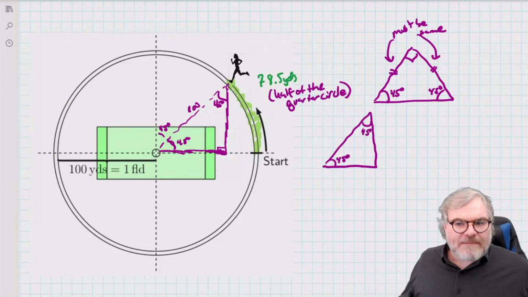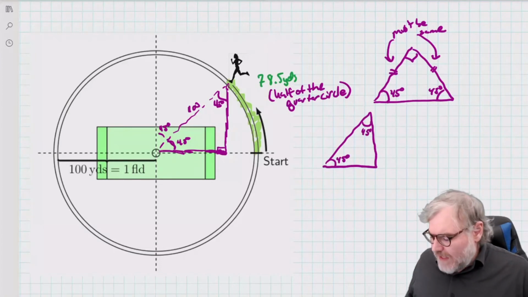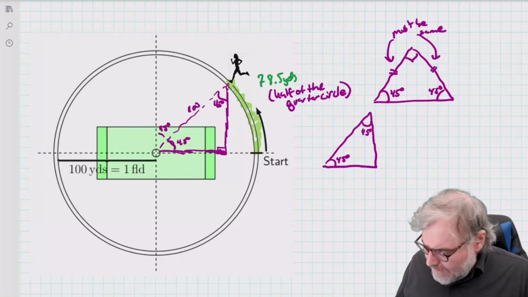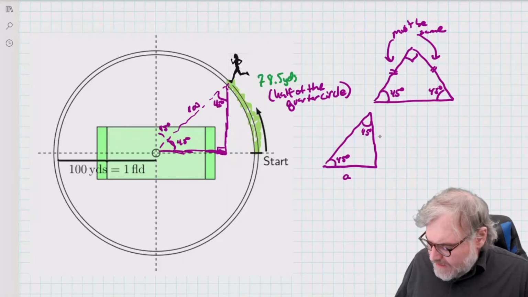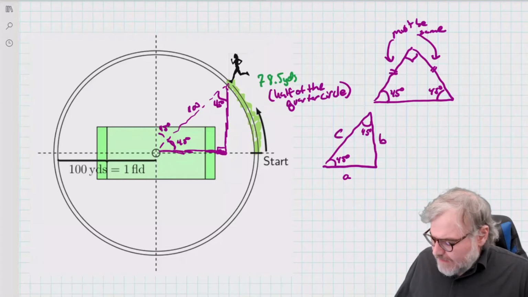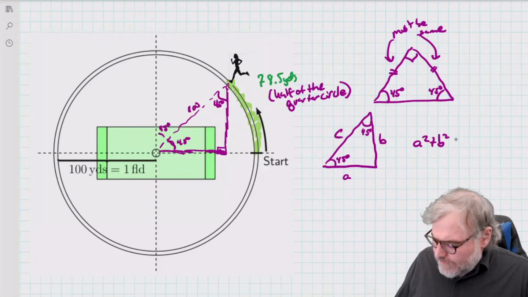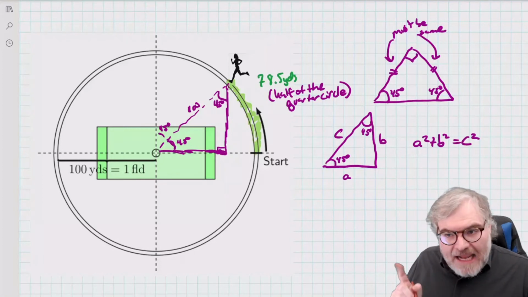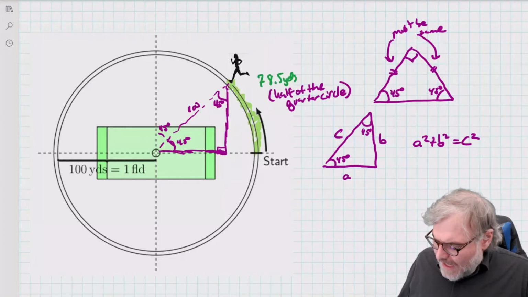And what's the most famous theorem in mathematics? Well, the most famous theorem in mathematics is the Pythagorean theorem, right? This is A, this is B, and this is C. So I know that A squared plus B squared equals C squared. And I know that A and B are equal.